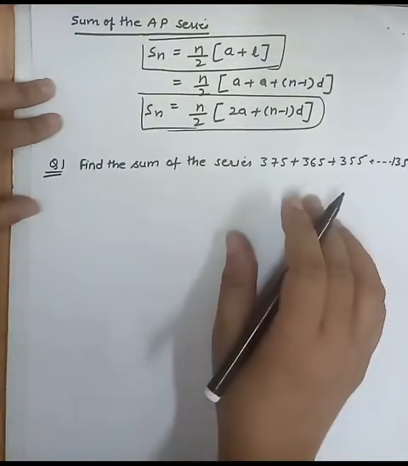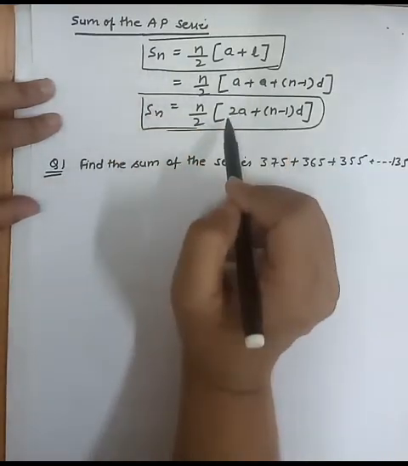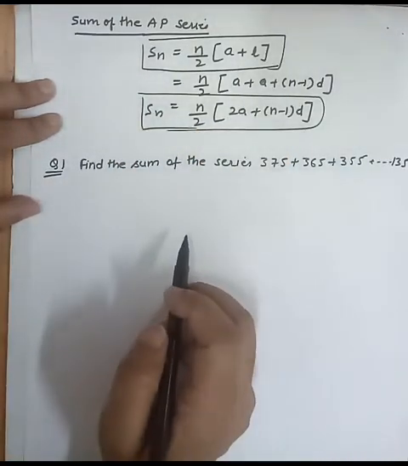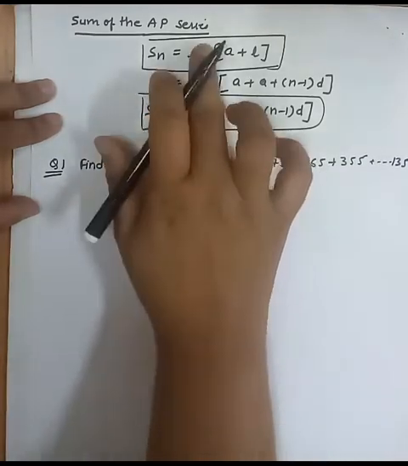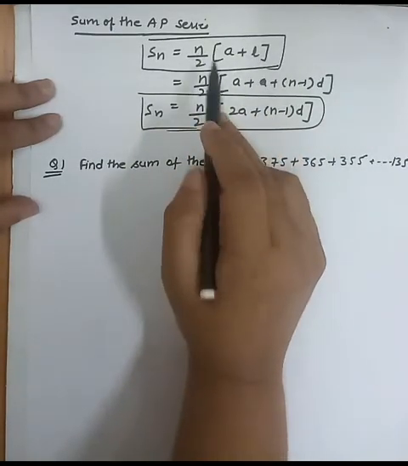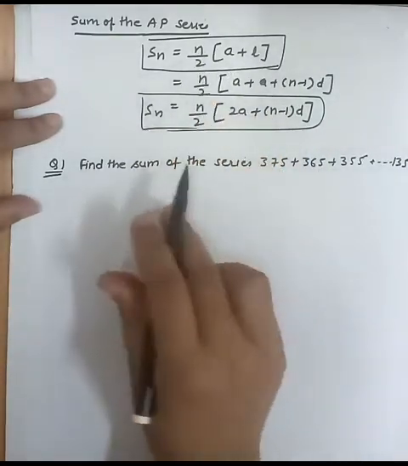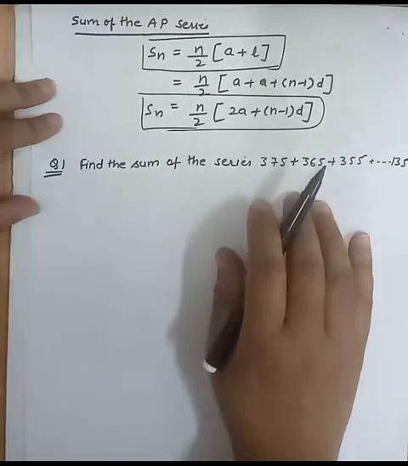So friends, here we can find the sum of the series. As we know the formula for the sum of the series, if we apply it, we need a, L and n. Here we don't have n, so first we find the value of n.